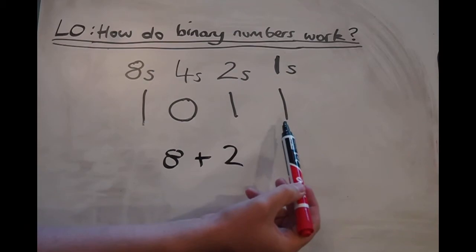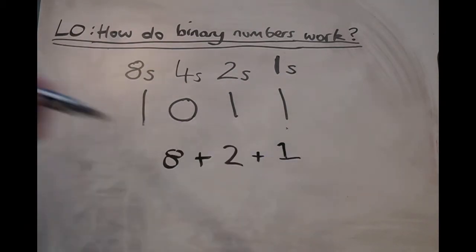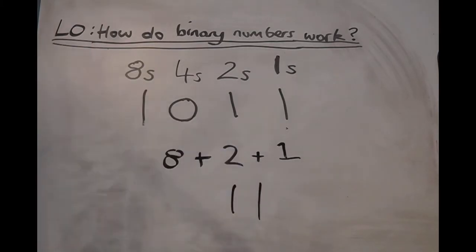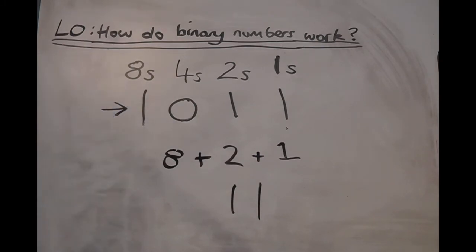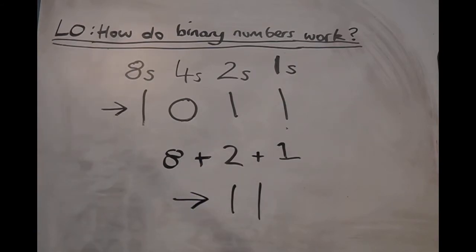And then we've got a 1 over here, so we've got 8 plus 2 plus 1. And so what does that add up to? We've got 11. All right, so that's how to turn a binary number, which is what we've got over here, into a decimal number that we've ended up with over here.